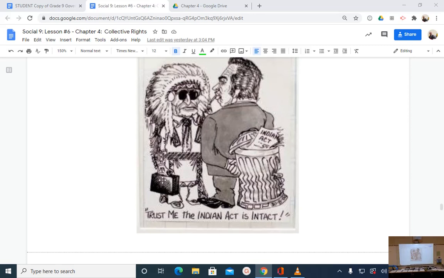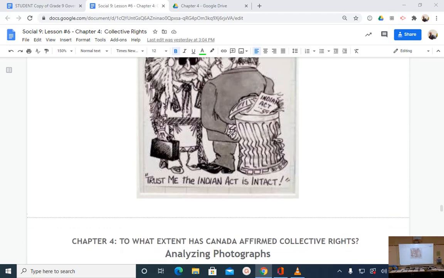This guy is a businessman, but he's also dressed in cultural attire so that I know what group he represents. This guy could be a garbage man, but he's in a suit, so he's probably not a garbage man. But based upon this and this, maybe he's a guy that works for the government.